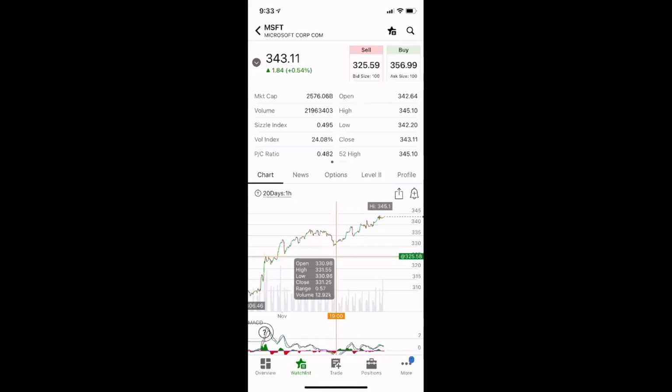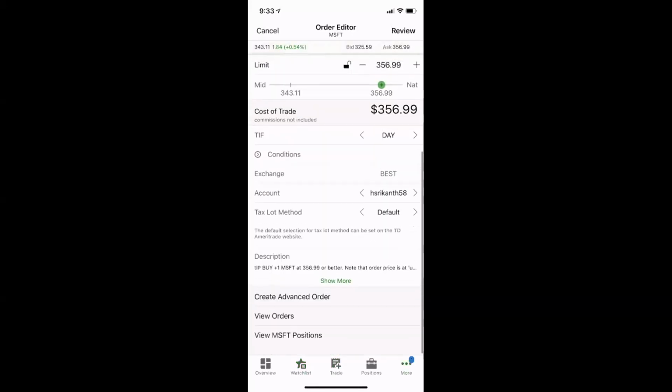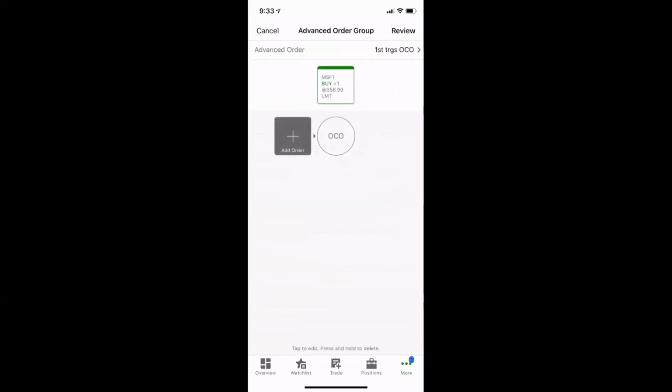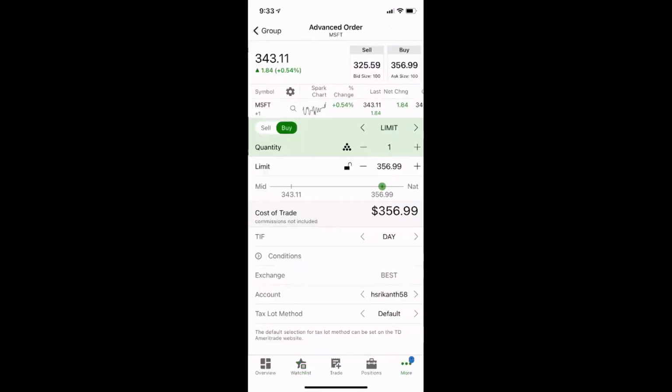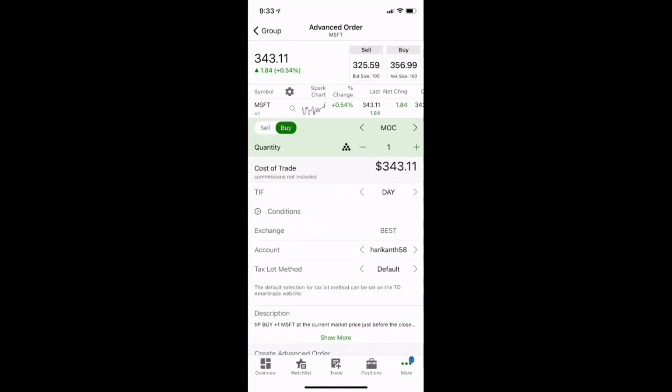Okay. So I'll click here. You can create an advanced order. When you create an advanced order right here, you want to buy at a market price. Let's say I just select a market price.